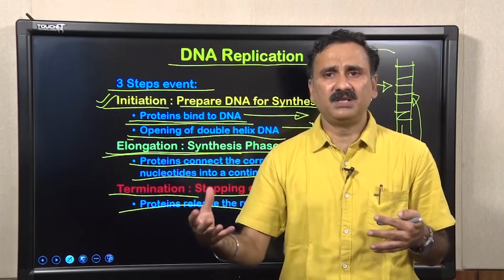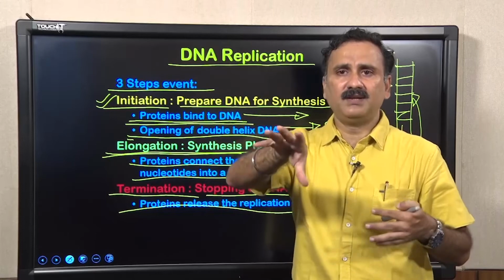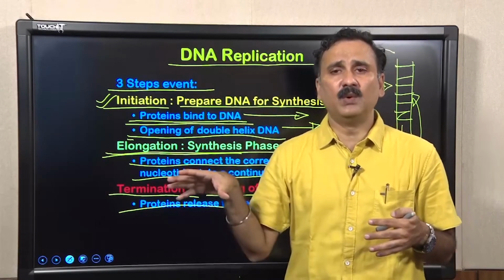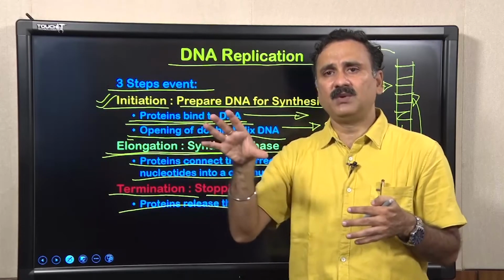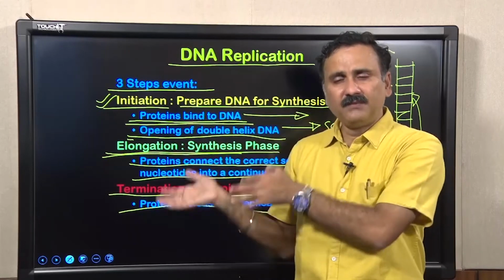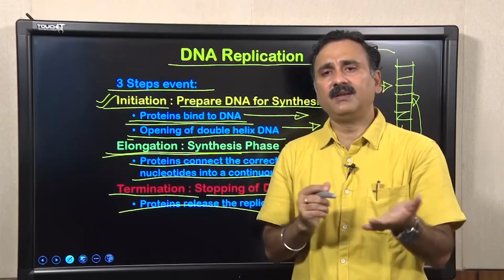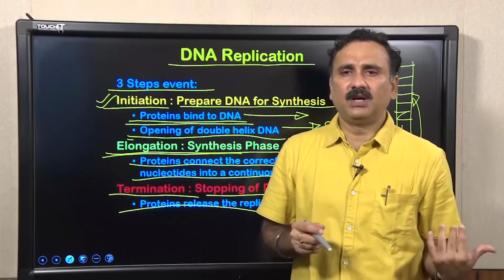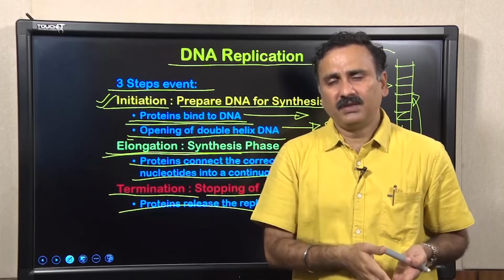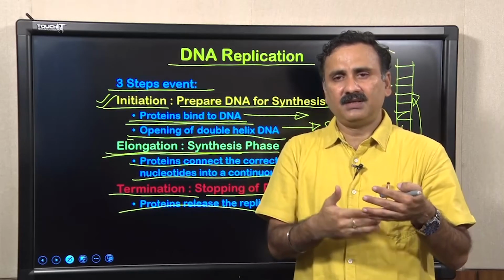It involves the DNA polymerases, which sit onto the strand, read the original sequence, and based on it add the nucleotides onto the second strand, and that is how the synthesis of the second strand starts. That is the elongation phase, and once they reach the end of the sequence, they start the termination steps.